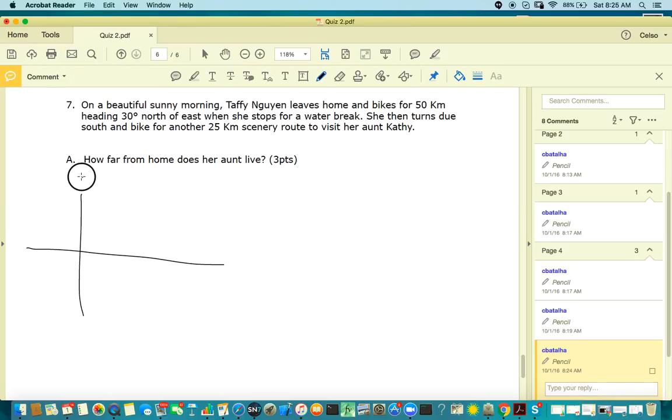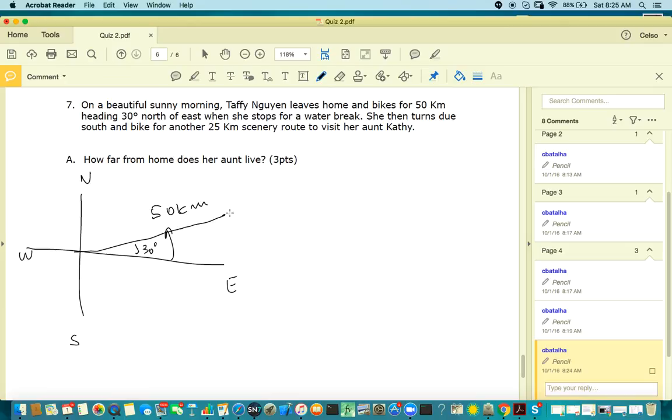So this is pretty much north, south, east, and west. She bikes 50 kilometers north of east, so this is 30 degrees. And she goes a good 50 kilometers, and then she stops for a water break.